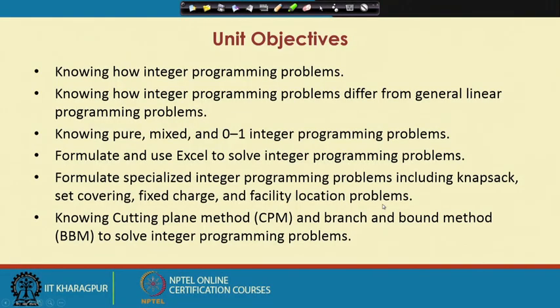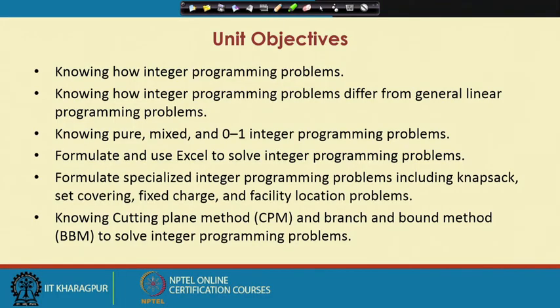The whole idea of this unit is to know integer programming problems, to know the kind of situation where they are very useful, and to find out the situation where management decisions can be more effective.